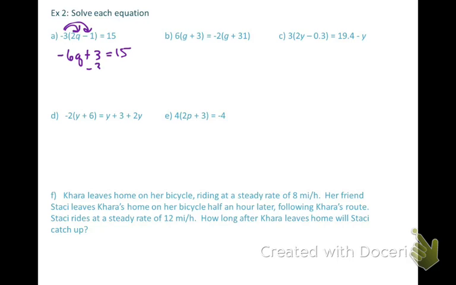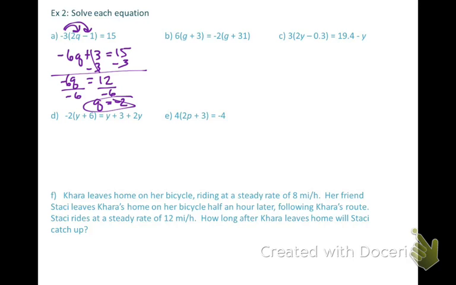So I have minus 3, so negative 6q equals 12. Divide by negative 6. So q equals negative 2.